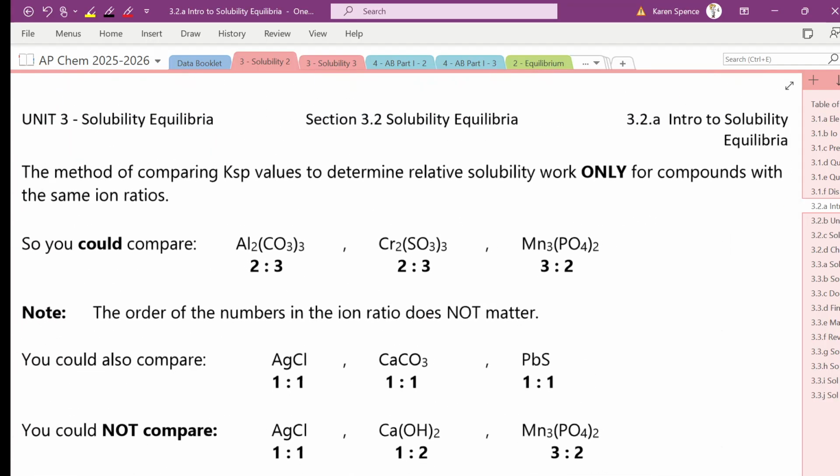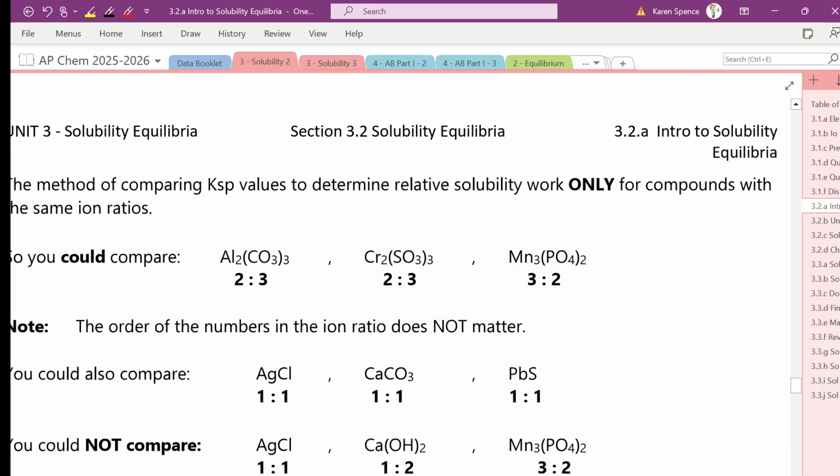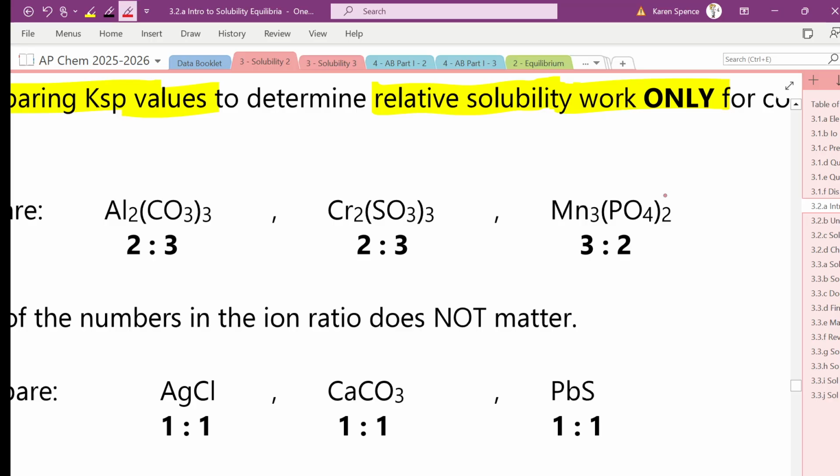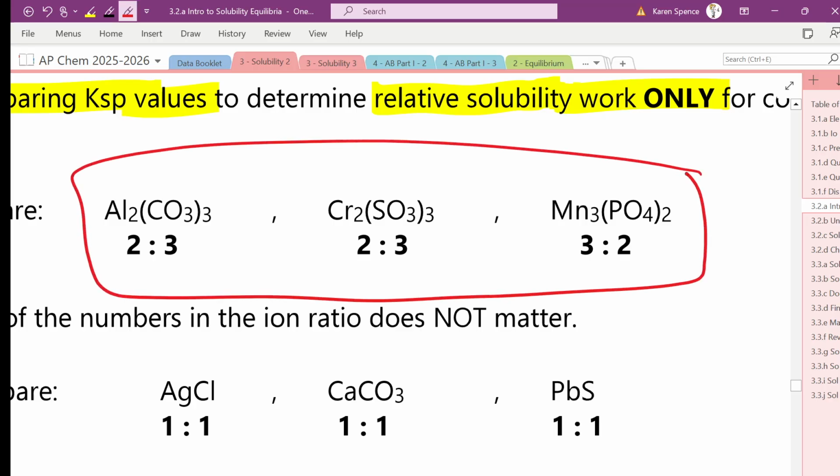So, in other words, you can compare KSPs directly to determine relative solubility. It works only for compounds with the same ion ratio. So you could do these 3 because the ion ratios are the same. They're all 2 to 3.